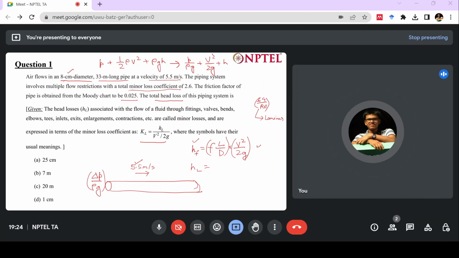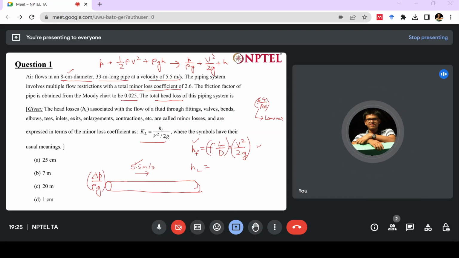As you can see, F is the friction factor, which depends on your Reynolds number, as you know, and also maybe the roughness of the pipe. These are some things that this is dependent on, and obviously this coefficient will also depend on how long the pipe is. If the pipe is longer, then my head loss will be more.